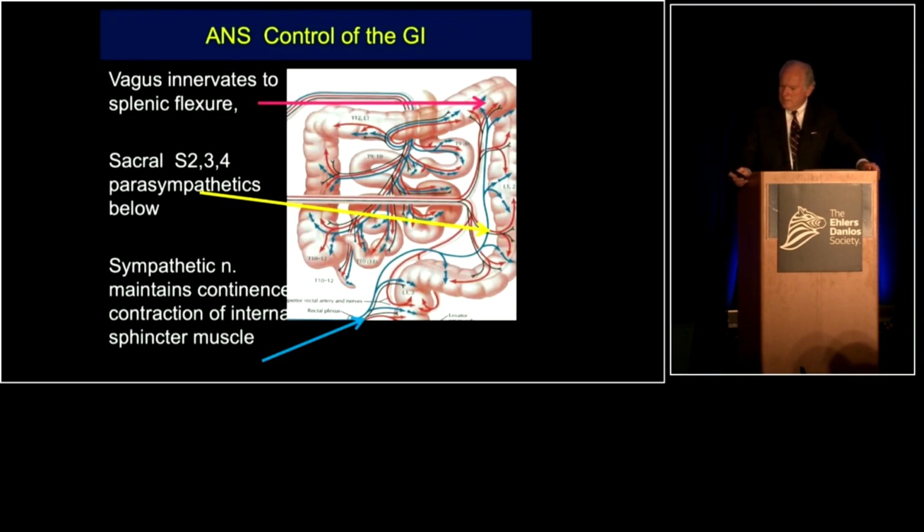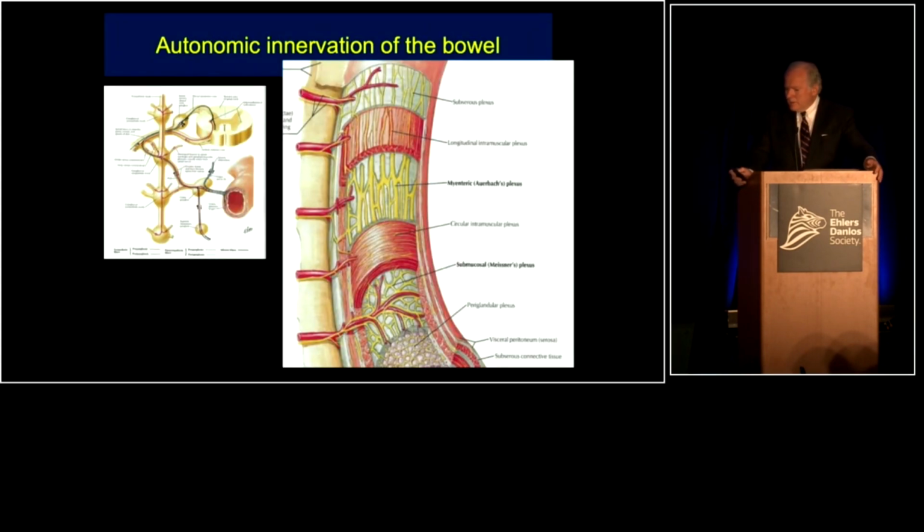So the vagus is therefore the major innervator of the bowel, but it needs the sacral parasympathetics as well for gastric emptying. These vagal fibers stimulate nerve plexi within the bowel wall to stimulate both the contraction of the bowel and also the blood flow through the bowel.